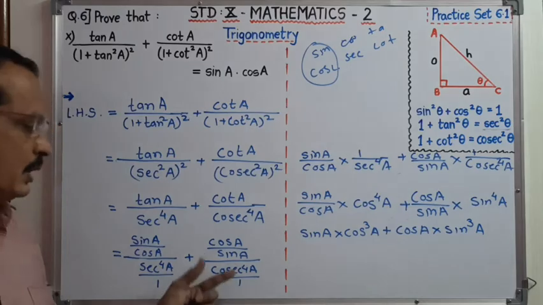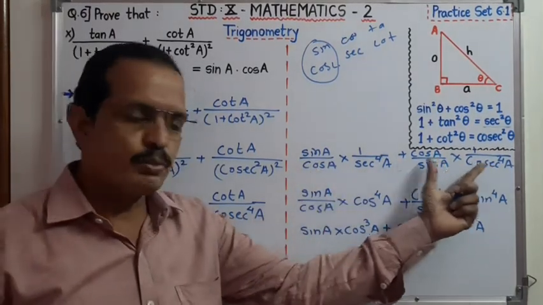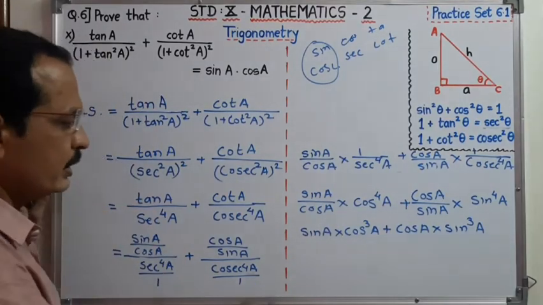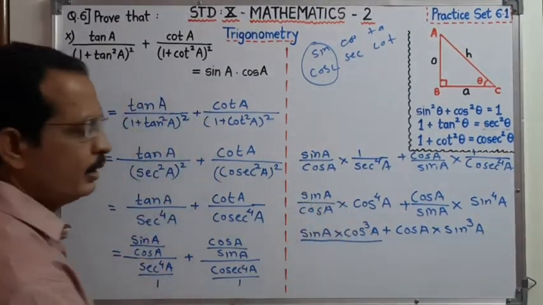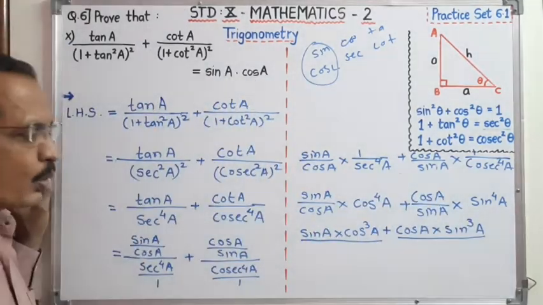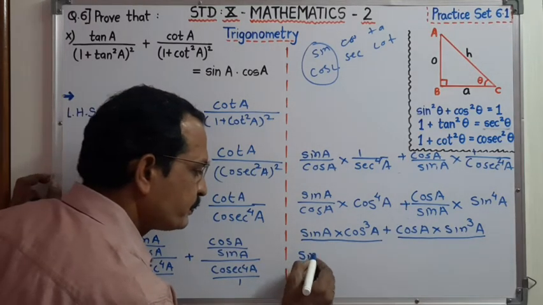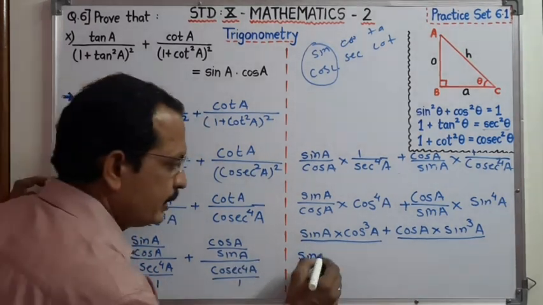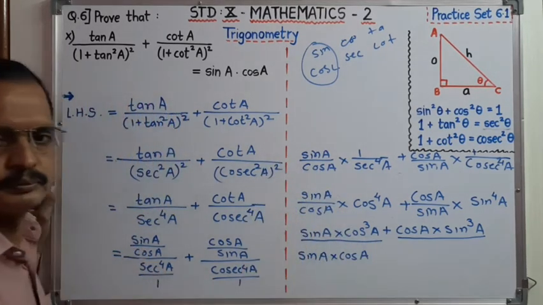Dear student, see, these steps are most important. Now we got here sin A into cos cube A plus cos A into sin cube A. From this, dear student, we can take out sin A into cos A as a common. Got it?